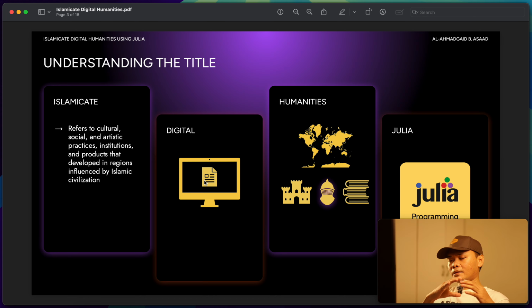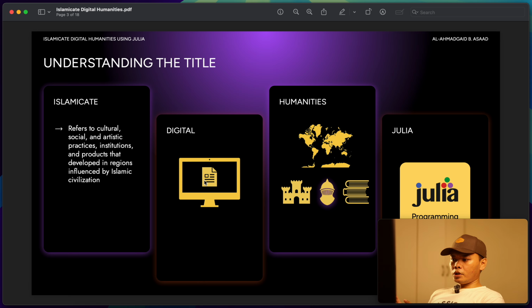That would mean any text that was influenced by Islamic civilizations, right? So that's Islamicate Digital Humanities. It's a digital humanities field, but focused on Islamicate topics, right?